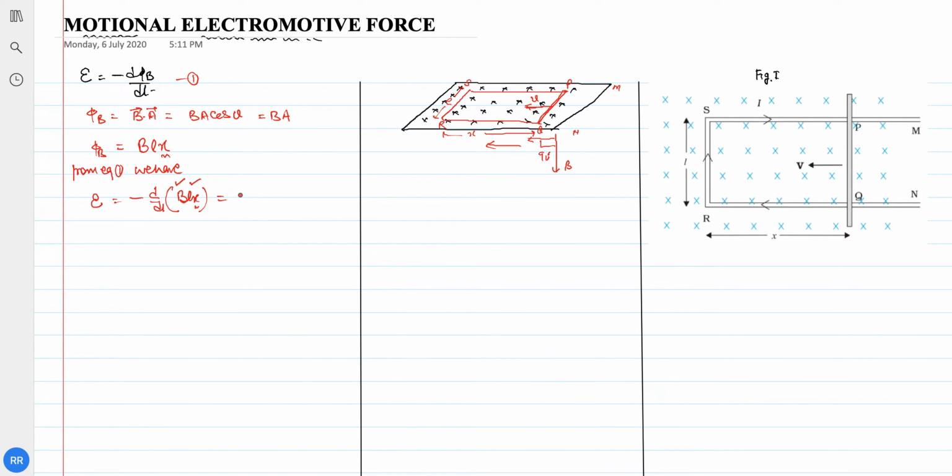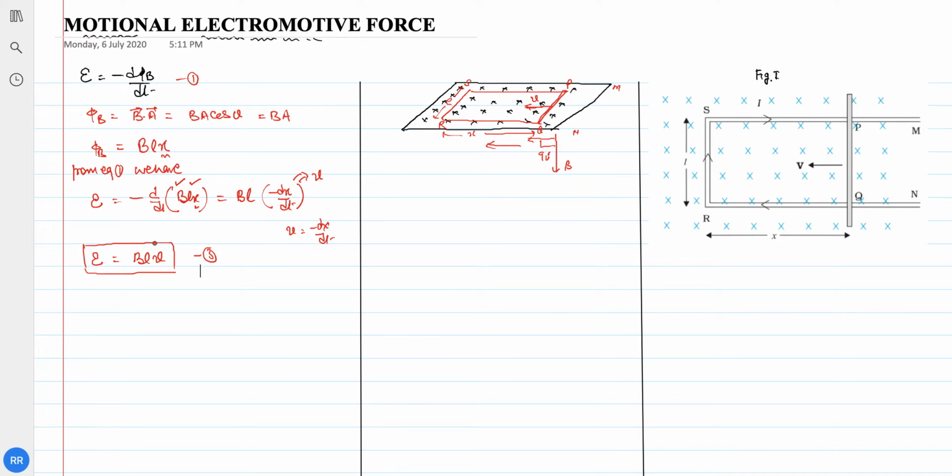So you can take B and L outside and you can write minus dx upon dt over here. So this is equal to the velocity, so here v is taken as minus dx upon dt. Okay, so EMF is now equal to BLv. Okay, so this is your another equation, and this is equation number 3.